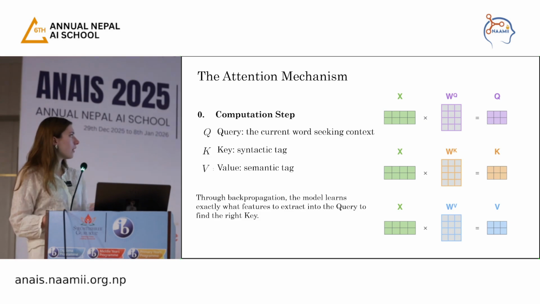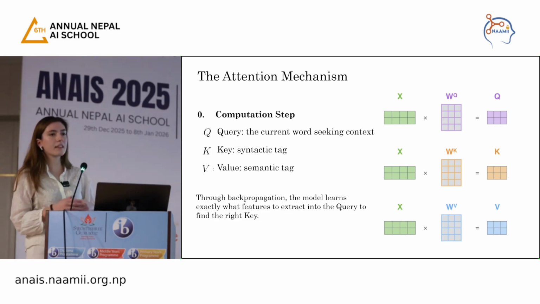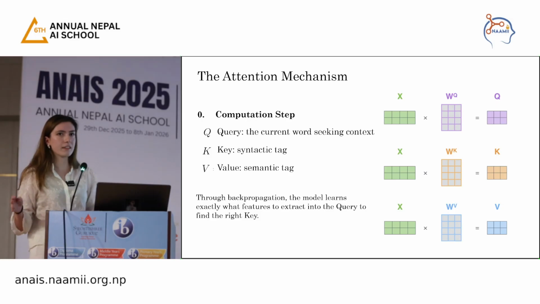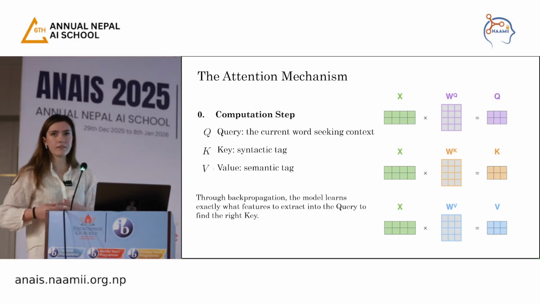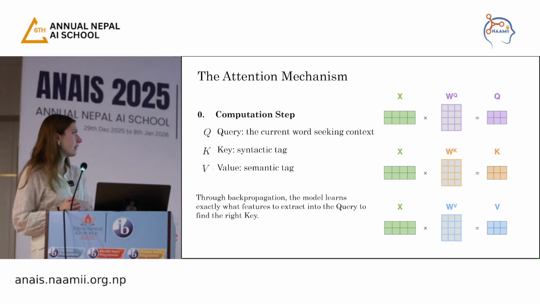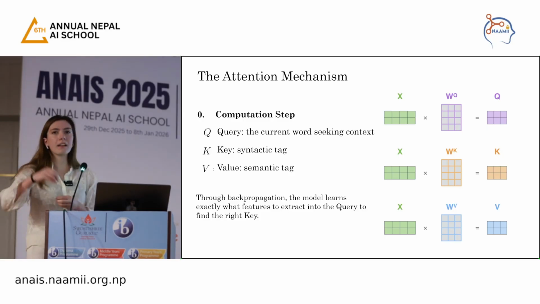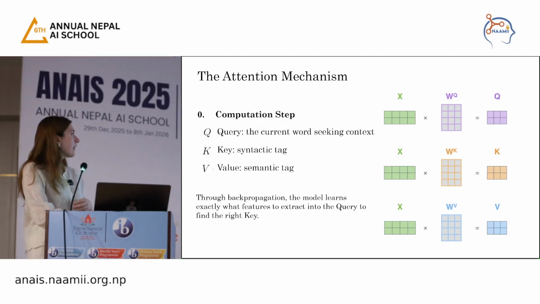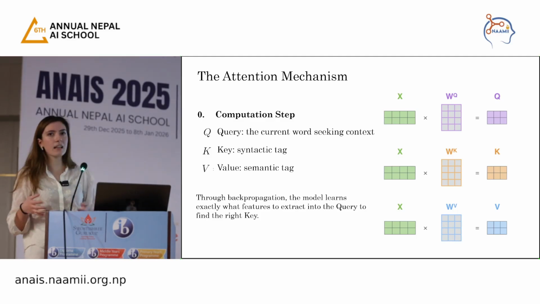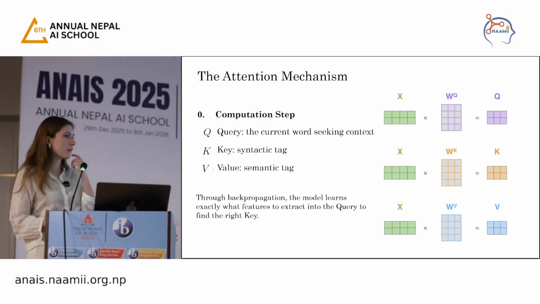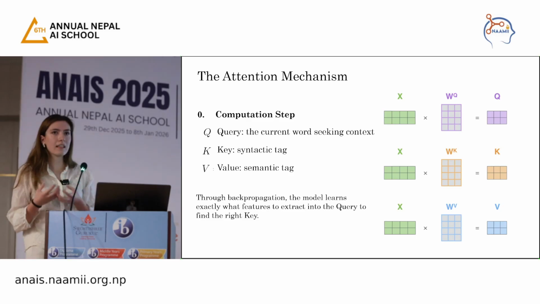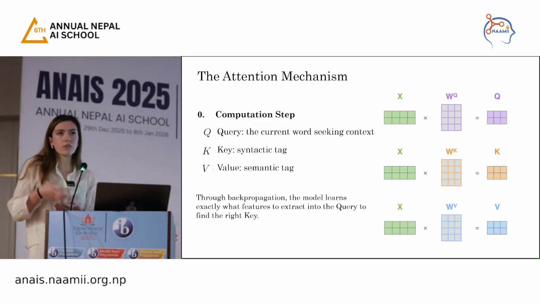So it's telling you which word in the current context we are interested in using to bias the attention for the others. Then there is a key matrix. This key matrix is a syntactic tag. So it will tell you basically what kind of syntactic relation we want to focus on for this specific word.